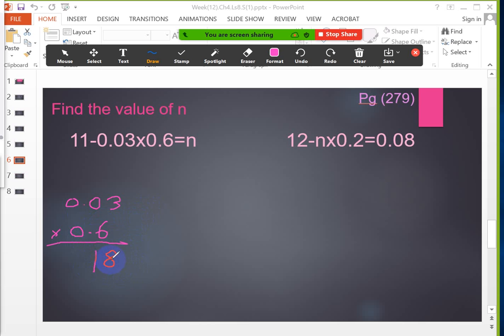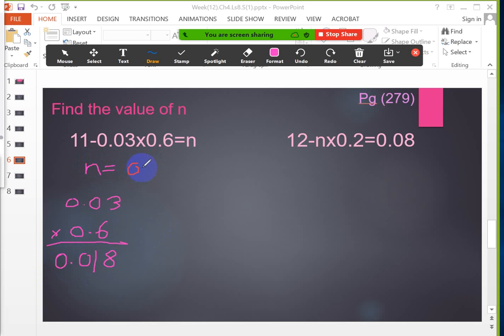Very good. I have only 2 numbers. So what about the third one? I have to fill it with 0. Very good. And then I will put the decimal point. So the answer will be 0 point 018. Very good. Thank you so much, Sheikha. So this is the value of n. So here n equals what?